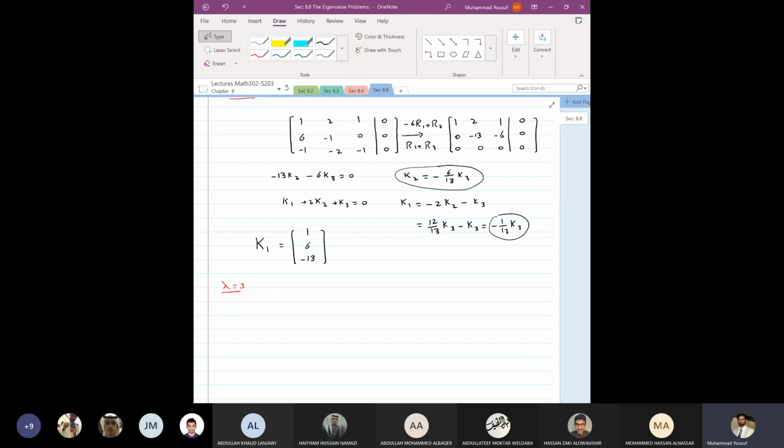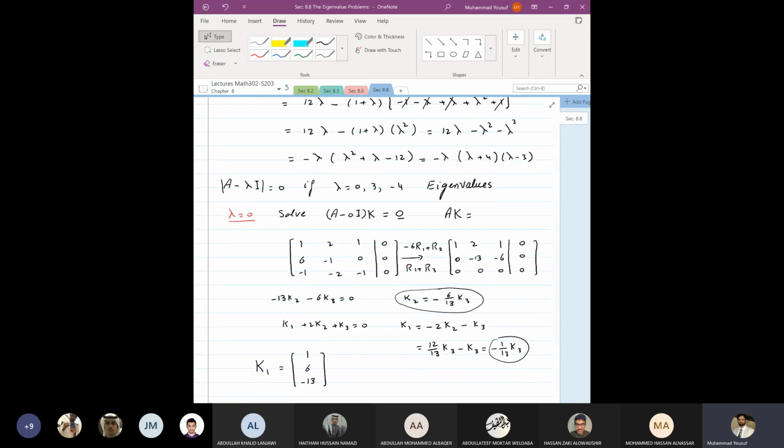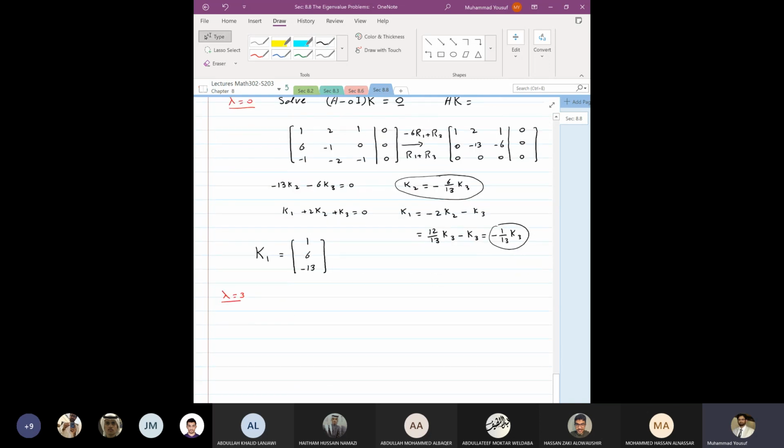That is why we learned solving linear systems before this. After applying row operations, we get a matrix. Are you seeing this red big line? I convert this linear system into equations. So I get K1 plus 2 K2 plus K3 equals 0, and negative 30 times K2 minus 6 times K3 equals 0.